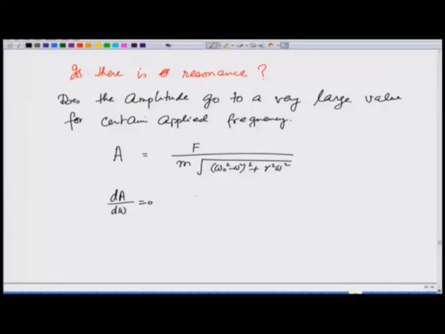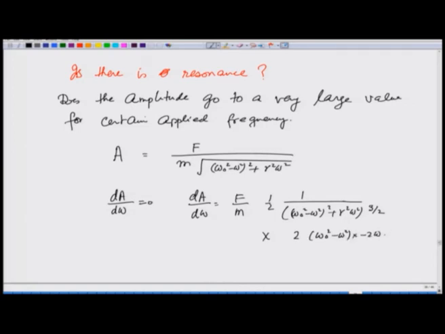So dA by d omega is going to come out to be f over m, which is always there, times 1/2 times 1 over (omega 0 square minus omega square) square plus gamma square omega square raised to 3/2, and on the top I am going to get 2 times (omega 0 square minus omega square) times minus 2 omega plus 2 gamma square omega. That is the numerator, divided by 1 if you like.